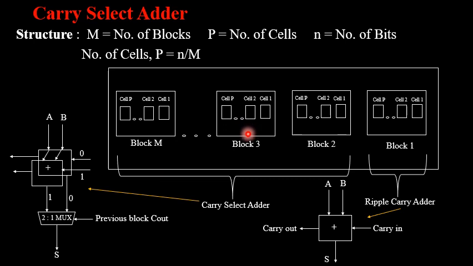Suppose if I am having block 3 also present in my circuit, then whatever the carry output is generated at the end of block 2, depending upon the number of bits, that will be behaving like the carry input, that is the selection input, for all the cells of this particular multiplexer. So let me see one example.